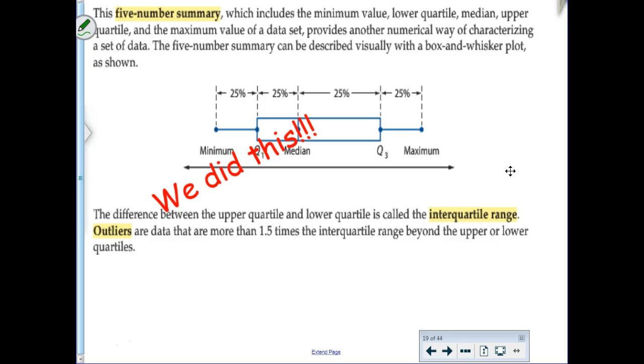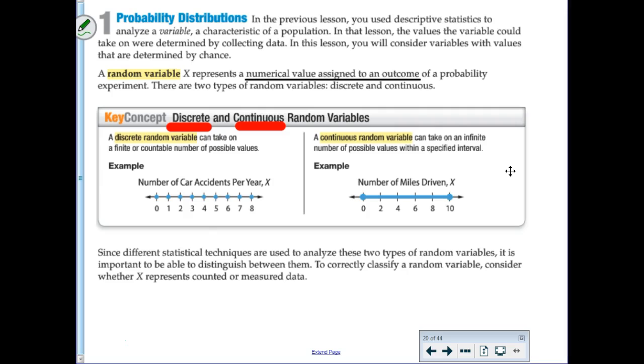We will totally review that before we test, but you can either just graph a modified box and whisker plot, which is the easiest way, or you can do the 1.5 interquartile range thing where you subtract from Q1 and add to Q3. That's a little more elaborate. If you want to do it that way, you can. For most of you, if you're lazy like me on an SAT week, you're just going to graph the modified box and whisker plot. And when my teacher says, how did you figure this out? I'm going to say, I graphed the modified box and whisker plot on my calculator. I think that's fine.